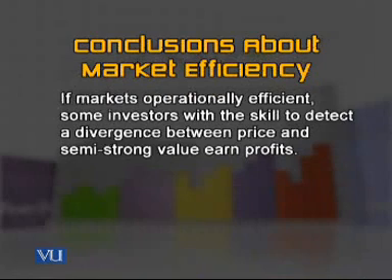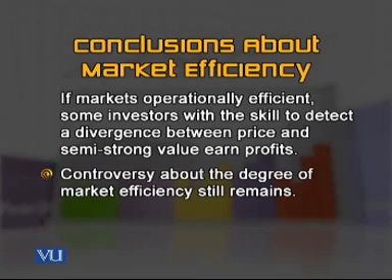So, if markets are operating efficiently, we must understand that there will be some investors with the skill to detect a divergence between price and semi-strong value, which would earn profits.